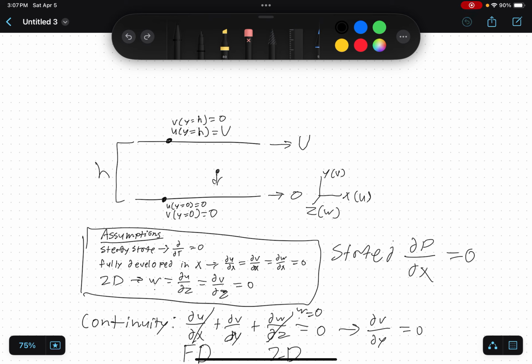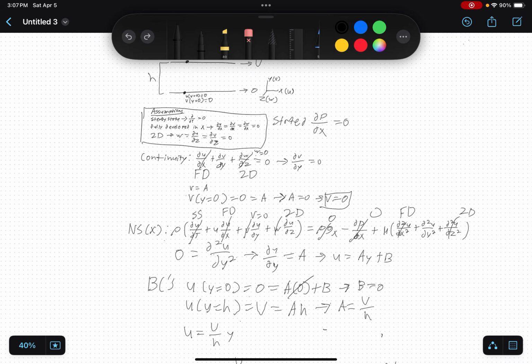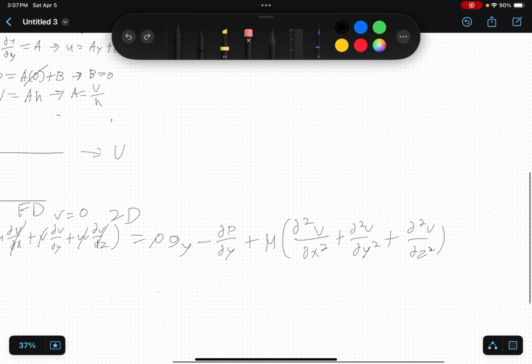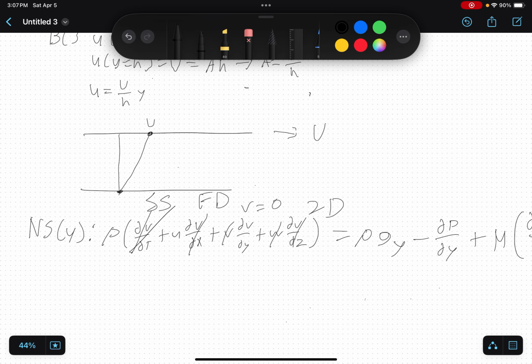So we can't cross it out. dp dy, let's also not cross that out, because that's what we're going to solve for. Frankly, you can cancel out all three of these, and you can cancel out all of these, because v equals 0.